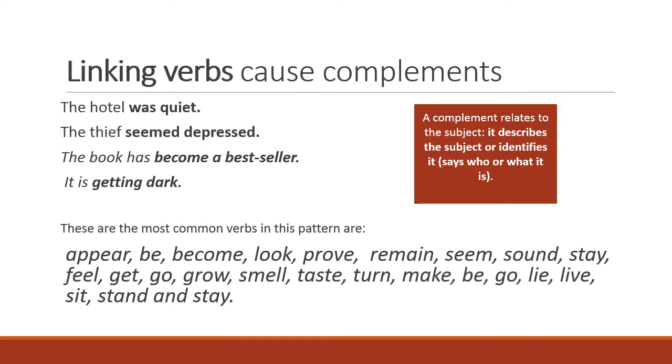Now some of the most common linking verbs which cause complements are, apart from the verbs with be, appear, become, look, prove, remain, seem, sound, stay, feel, get, grow, smell, taste, turn, make, go, lie, live, sit, stand, stay, and so on.